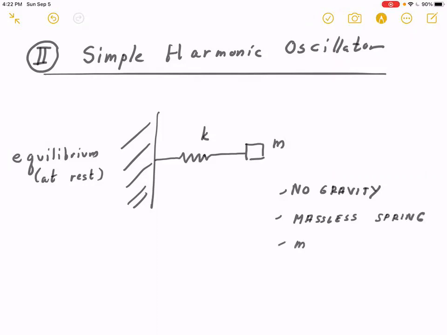Now, this block has a mass m, and this spring can be stretched or compressed. And how easy or how hard it is to do that is going to be characterized by something called a spring constant K.